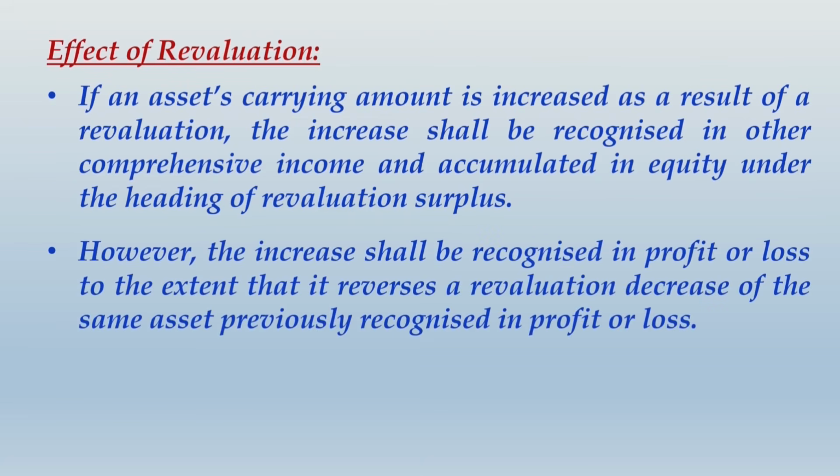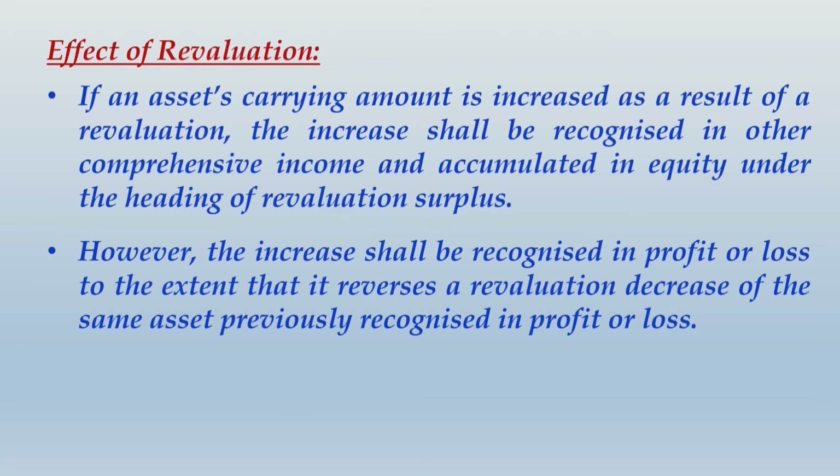However, the increase shall be recognized in profit or loss to the extent that it reverses a revaluation decrease of the same asset previously recognized in profit or loss, or you can call it as income statement. So please write up this much and then I take you ahead.